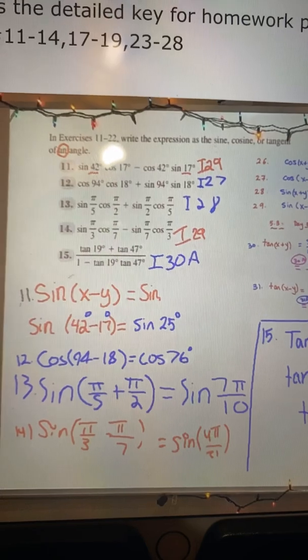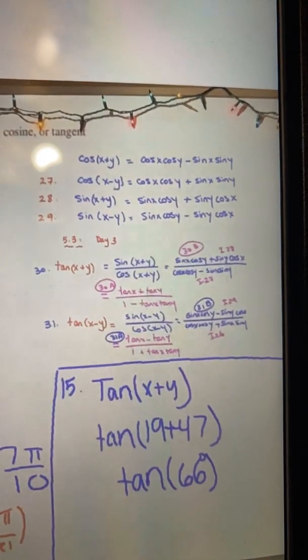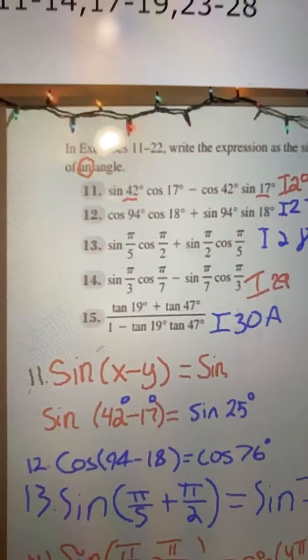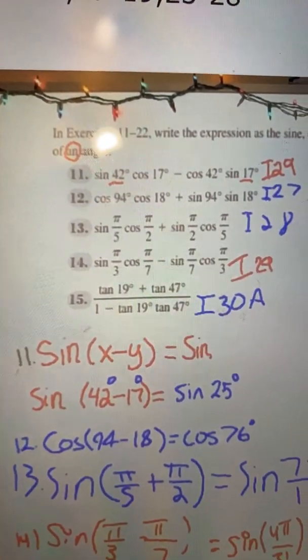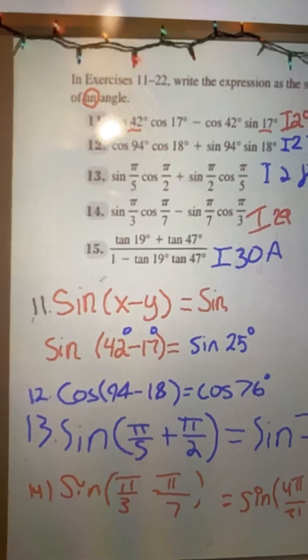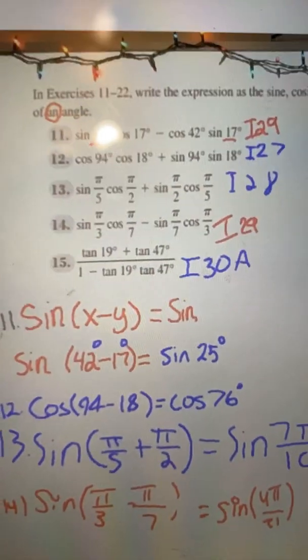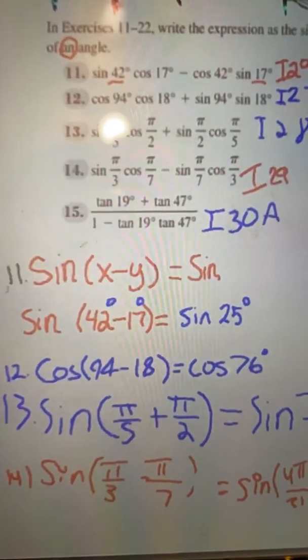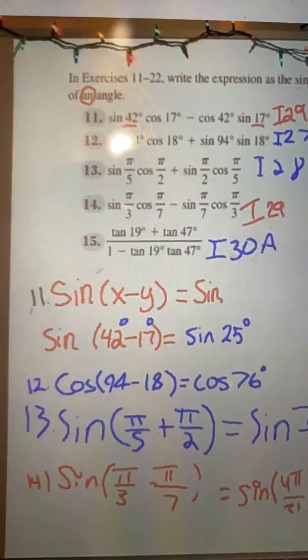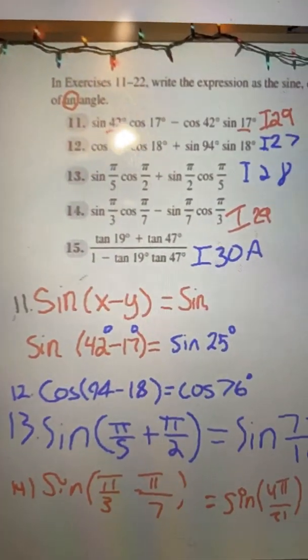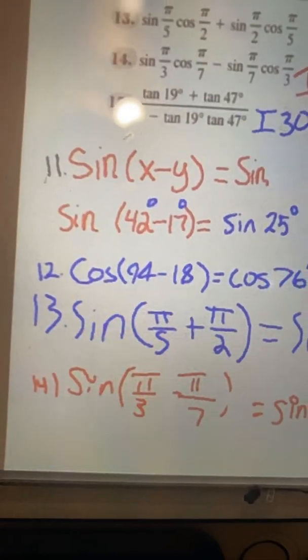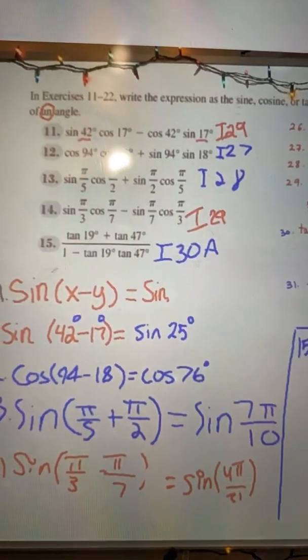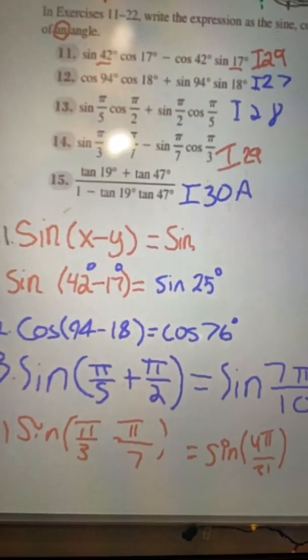Okay, number 13. So I see mixed sine, cosine, sine, cosine. So I know for sure a mixed means a sine. And with sine, it's nice because if it's plus, it's addition. So it's plus in the problem, so I know it's an addition of two angles, which are pi over 5 and pi over 2. And then to add them, we need a common denominator.